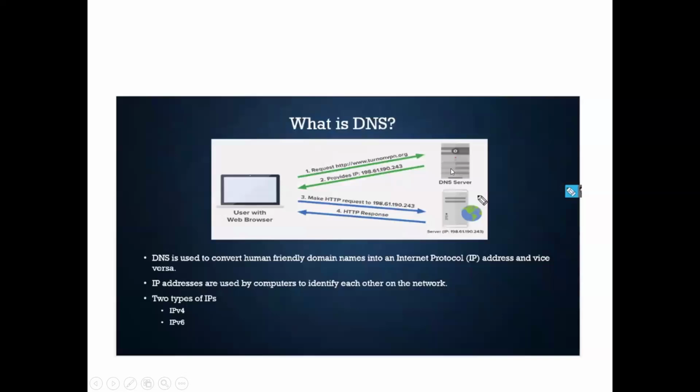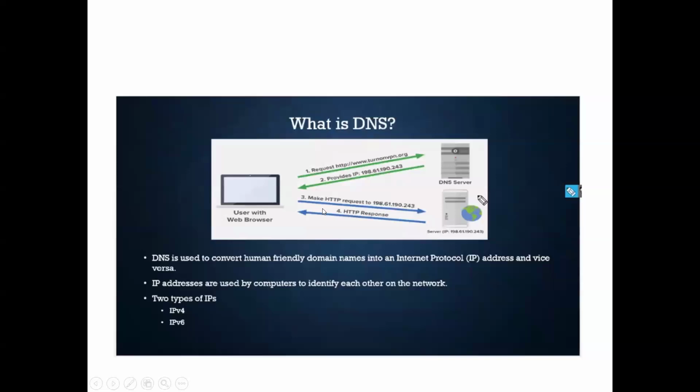This DNS server will convert the domain name into an IP address so that we can send the HTTP request to that particular server. And from the server, we'll get the response.